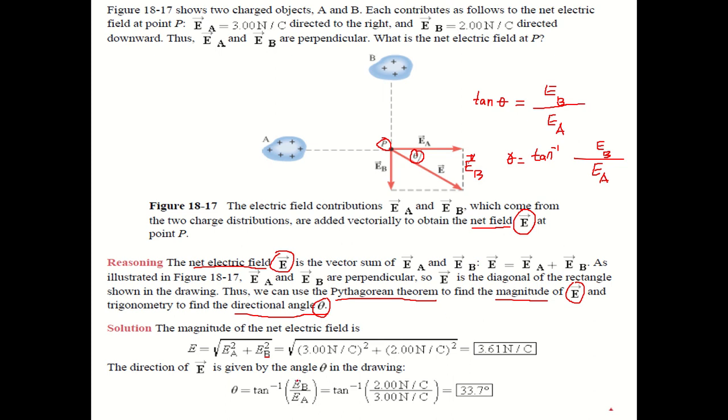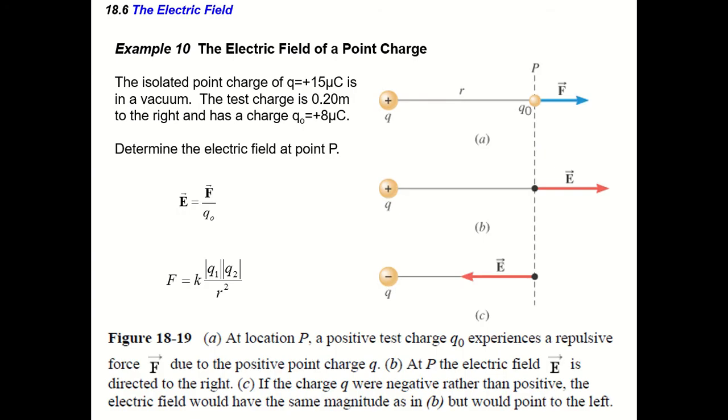Substituting the values, you get 33.7 degrees. So that is just taken from this illustration, using trigonometry.